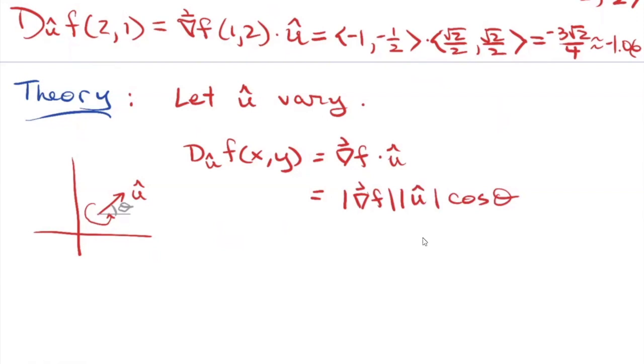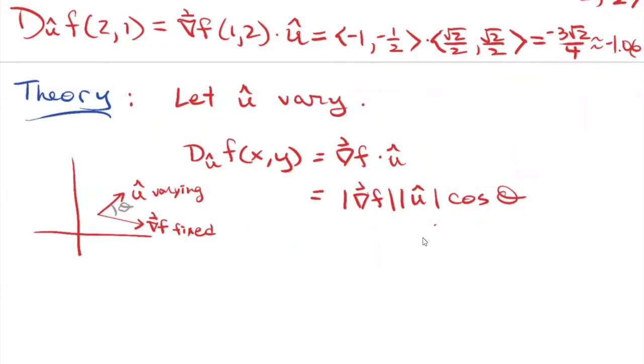Wait a minute, forgive me, but I'm going to fix my diagram, because theta is the angle between u and the gradient of f. So let's have our gradient be like this, and this will fix the diagram. Remember, u is varying, but the gradient of f is fixed. So the directional derivative is the magnitude of the gradient of f times the magnitude of u times the cosine of the angle theta, which separates those two vectors.